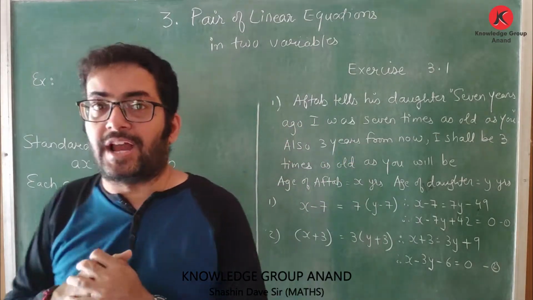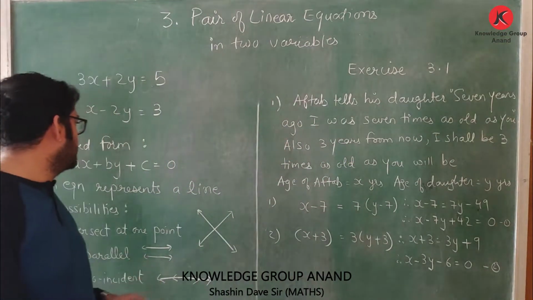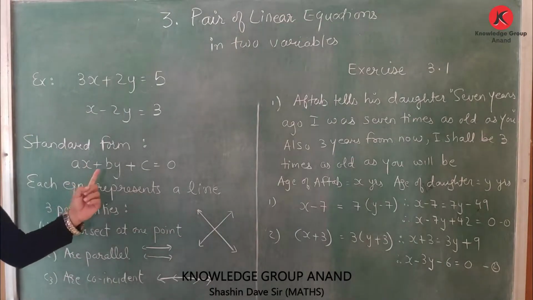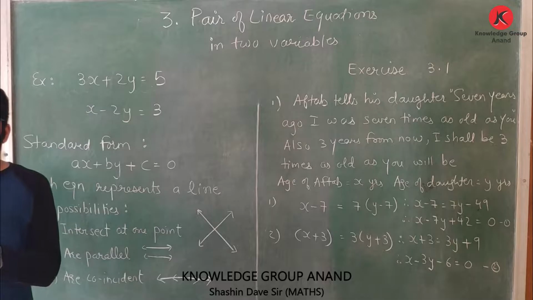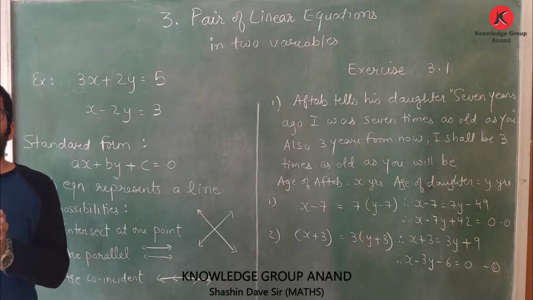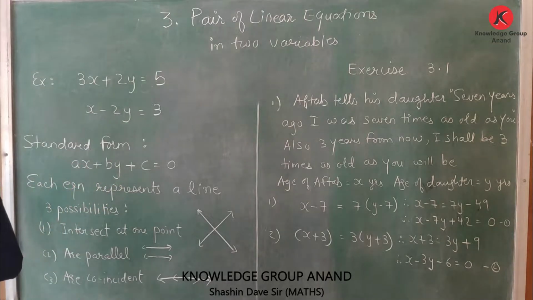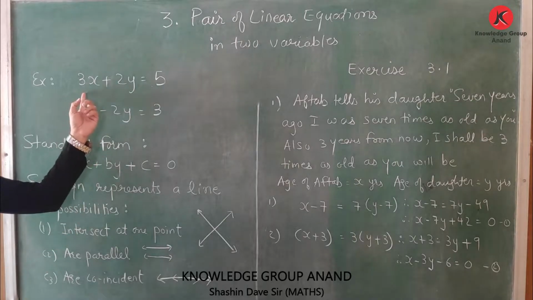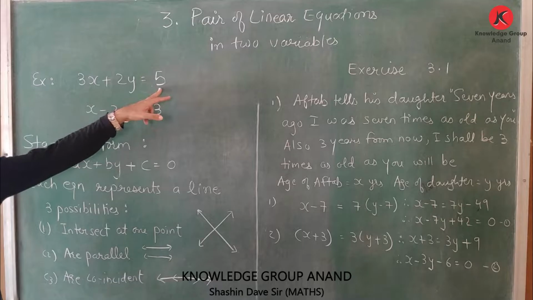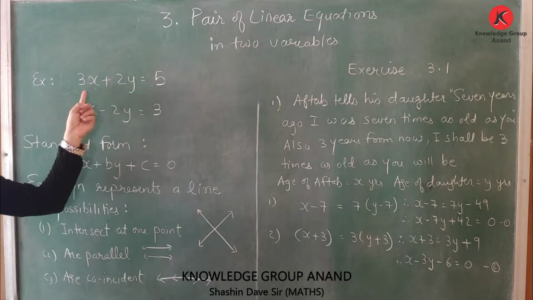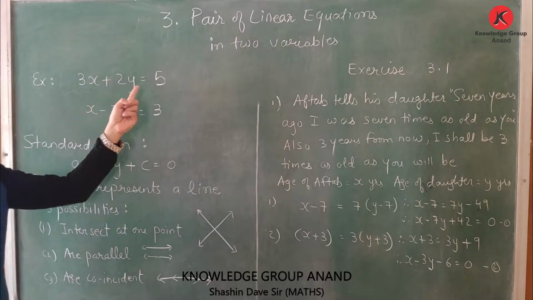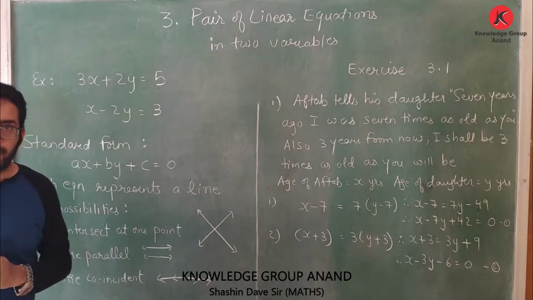Now, the standard form of a linear equation is mentioned as ax plus by plus c is equal to 0. This is the standard form in which a pair of linear equations in two variables is expressed. If I want to convert this into standard form, then this constant term 5 will be brought on the left side and the equation will become 3x plus 2y minus 5 is equal to 0.